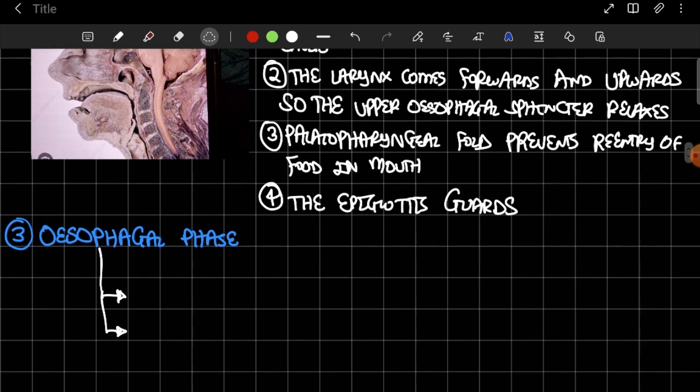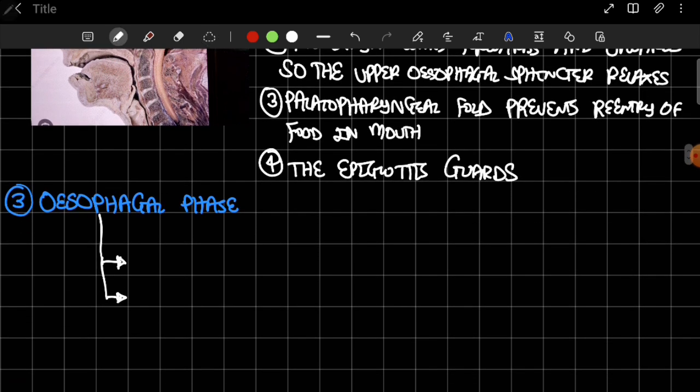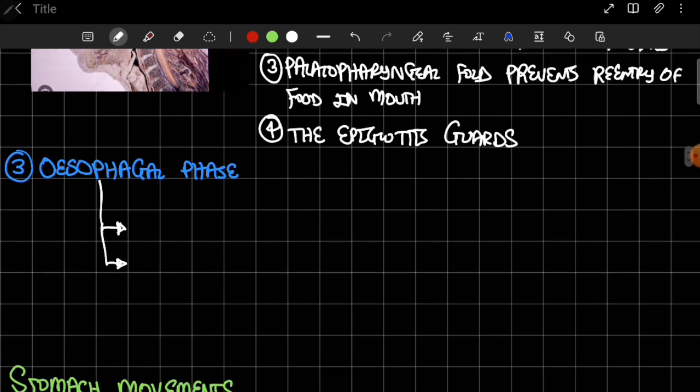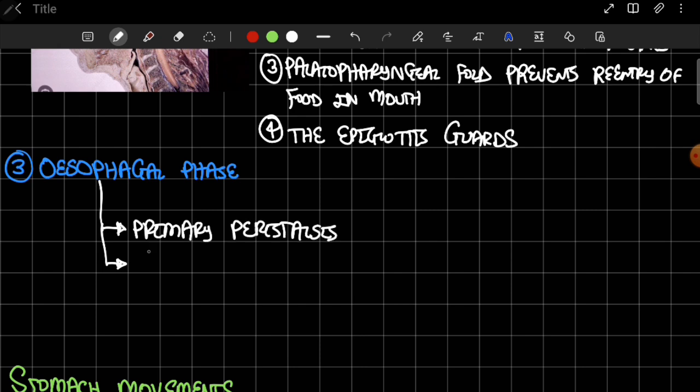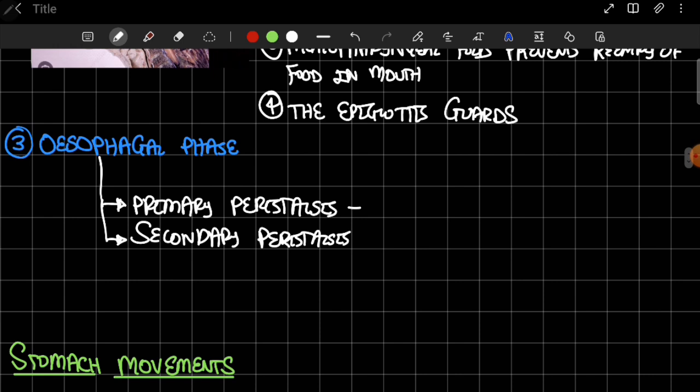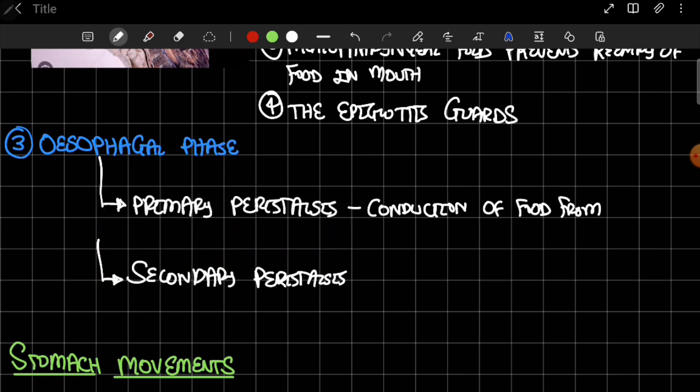Now going to the esophageal phase. So what is the esophageal phase? The esophageal phase is basically divided into two phases: primary peristalsis and secondary peristalsis. So what is primary peristalsis? Primary peristalsis is very easy. It is conduction of food from what was the earlier structure? It was the pharynx.